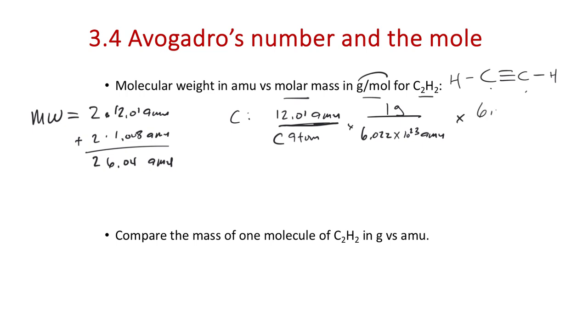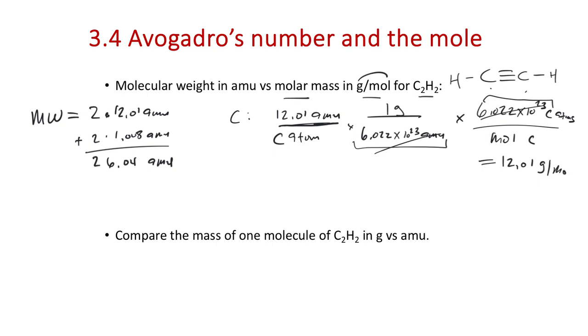If we have an Avogadro's number of carbon atoms, that corresponds to 1 mole of carbon. So the molar mass of carbon is 12.01 AMU, divided by Avogadro's number, multiplied by Avogadro's number. And so of course that's 12.01 grams per mole.